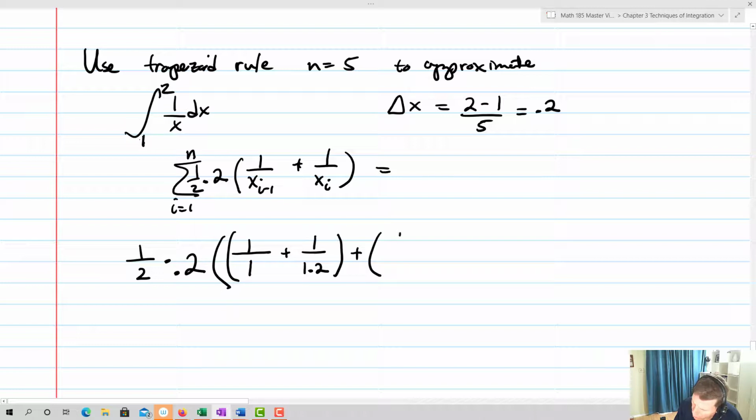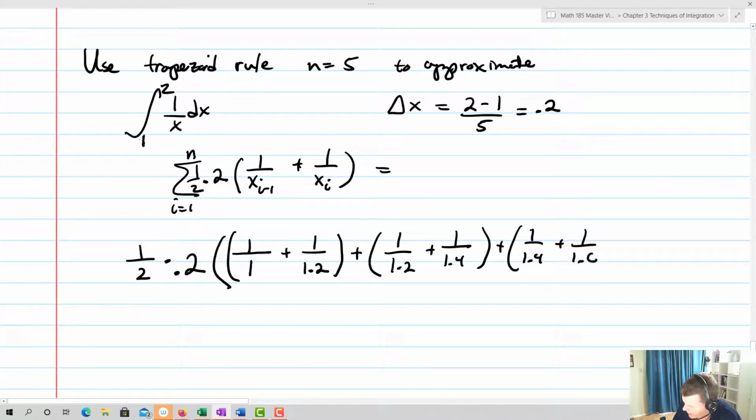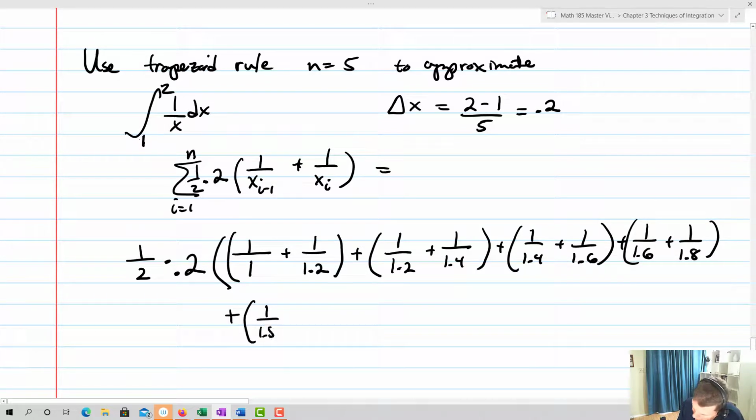Plus, now we've got 1 over 1.2 plus 1 over 1.4, and that's the second trapezoid, plus 1 over 1.4 plus 1 over 1.6, plus 1 over 1.6 plus 1 over 1.8, plus 1 over 1.8 plus 1 over 2. And that's my last trapezoid.